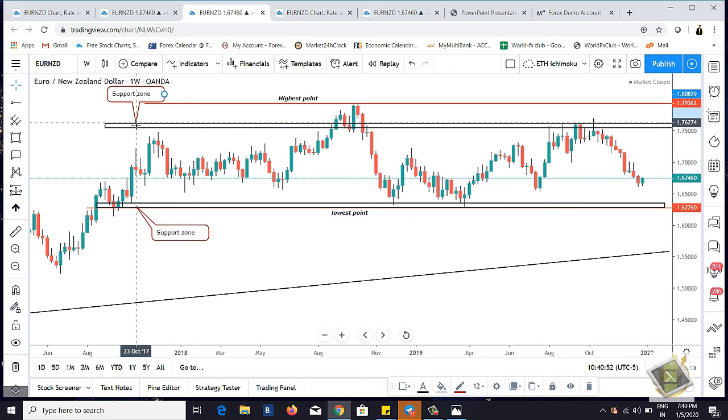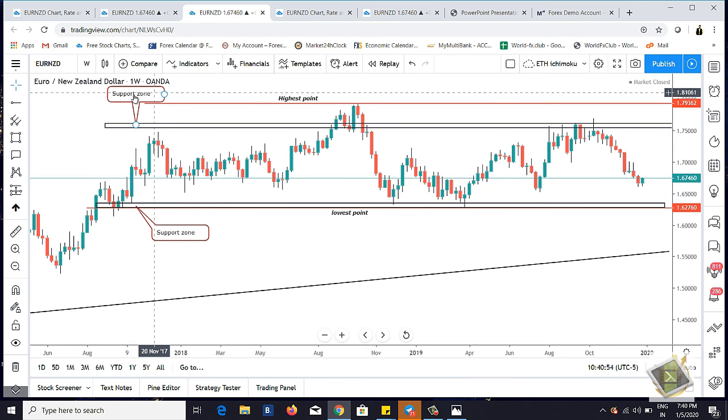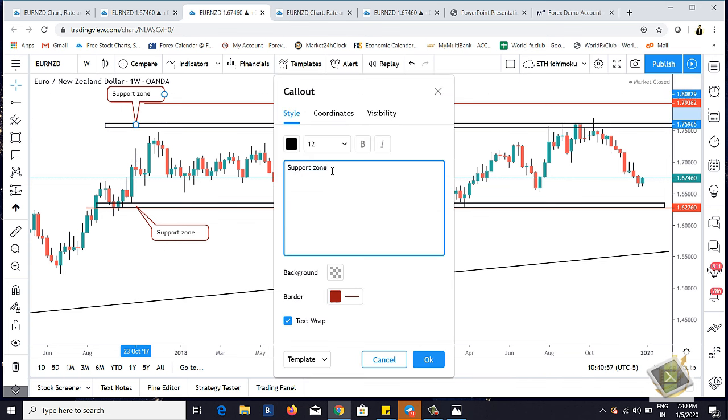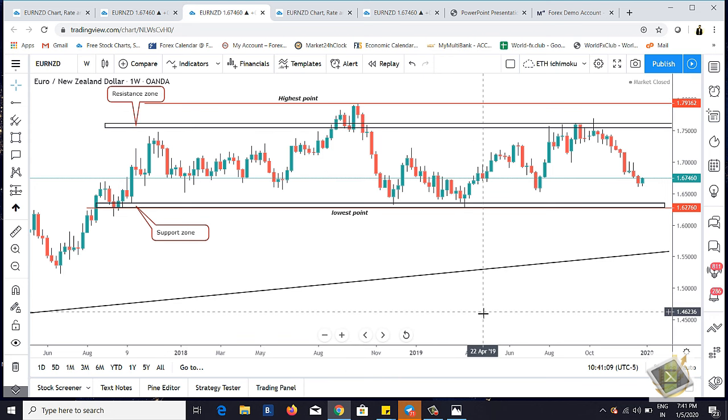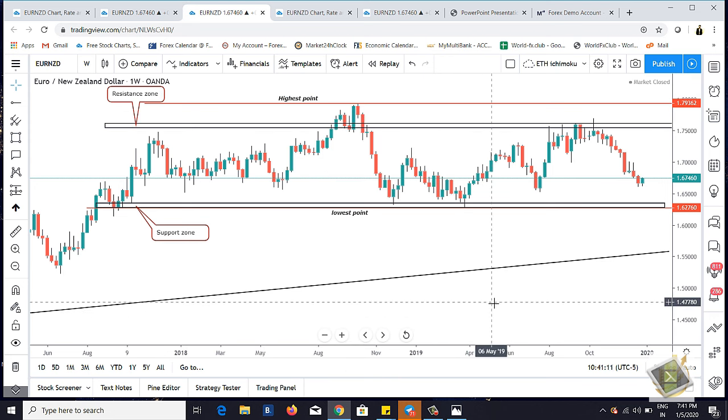So this acts as a resistance zone. Resistance zone. Resistance zone. Okay, so our chart looks clear.